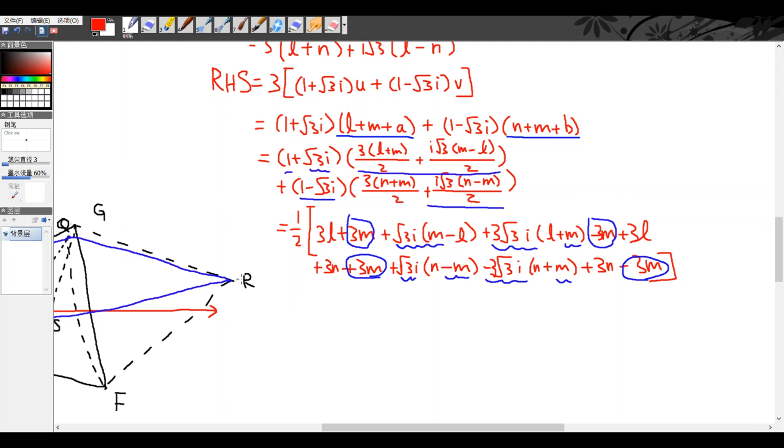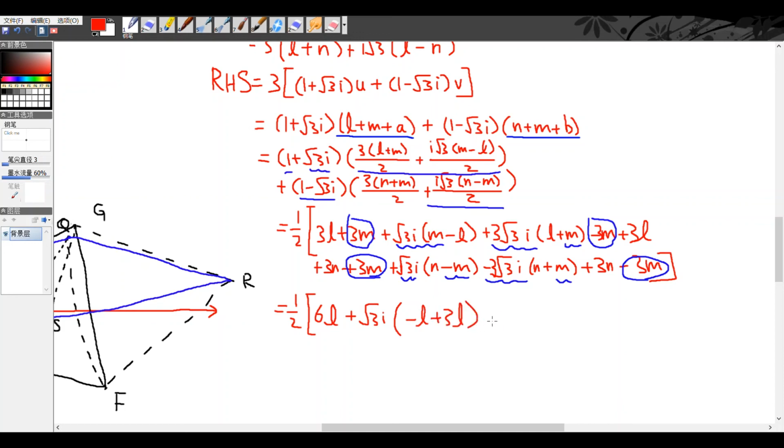So what we will have here is 1 over 2 times 6l plus the square root of 3i times negative l plus 3l.